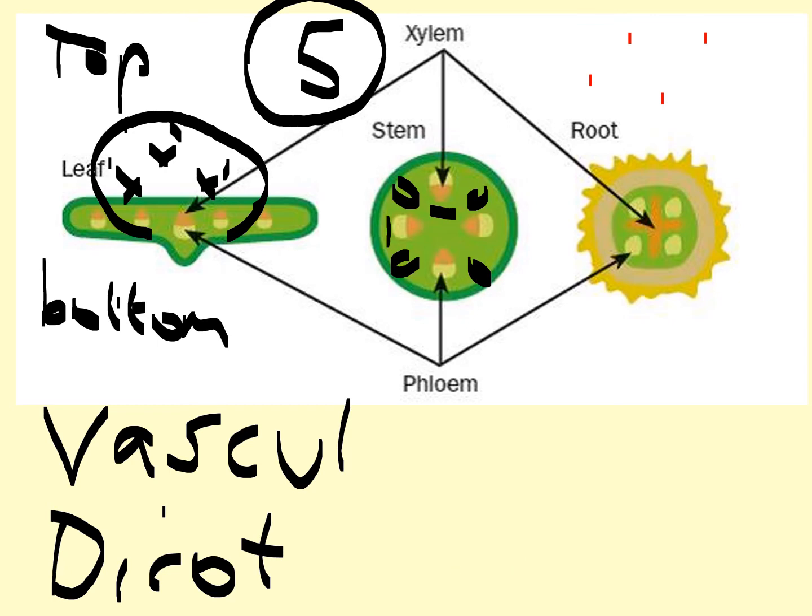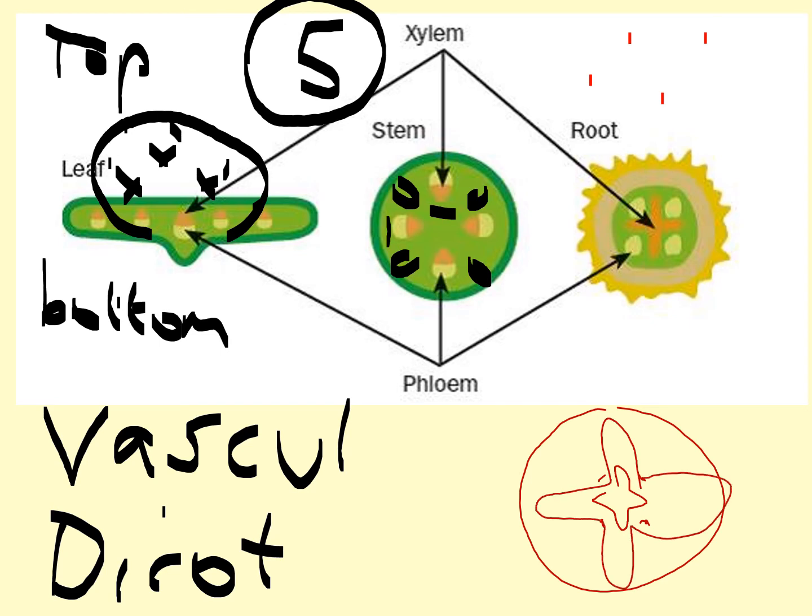If you were drawing one, you would do that for the outside of the root, and then you would do your xylem in the middle with your phloem in between. Okay, but you can see it shouldn't be this big thing. It doesn't take up all of that root.